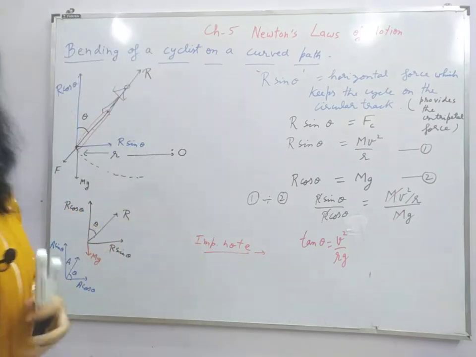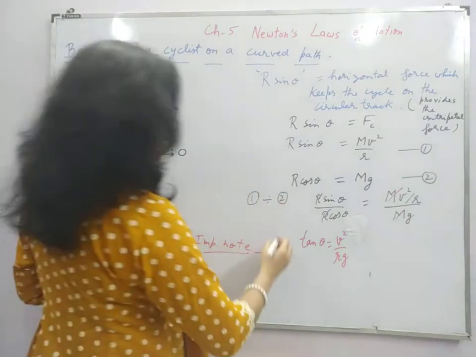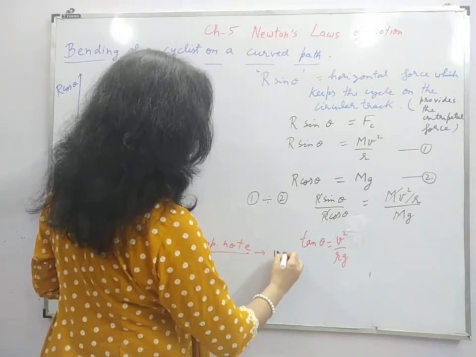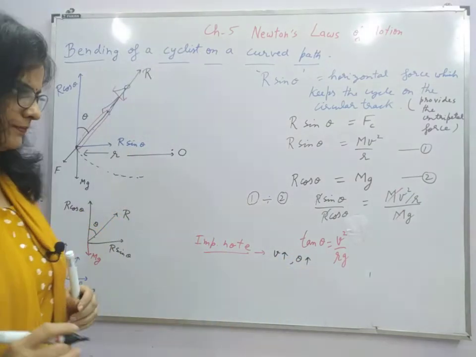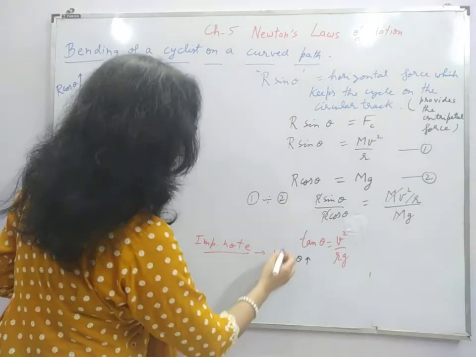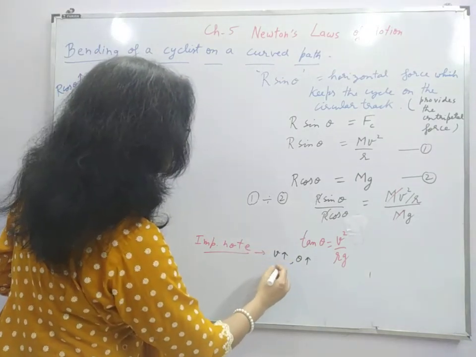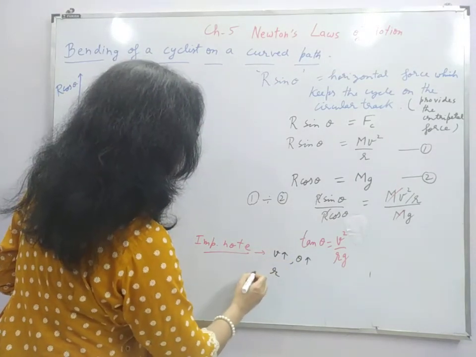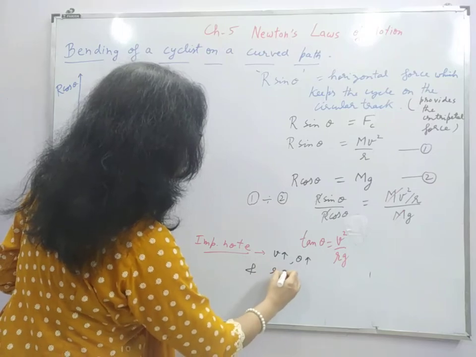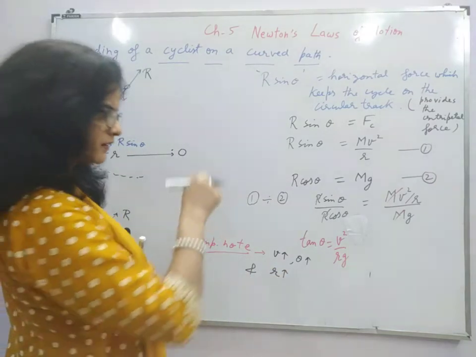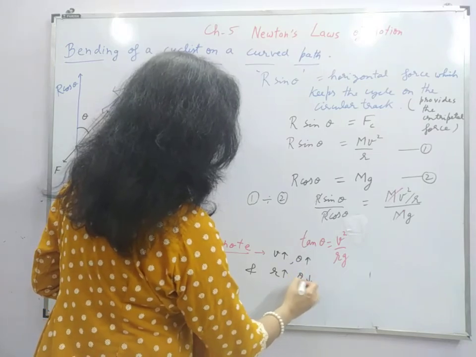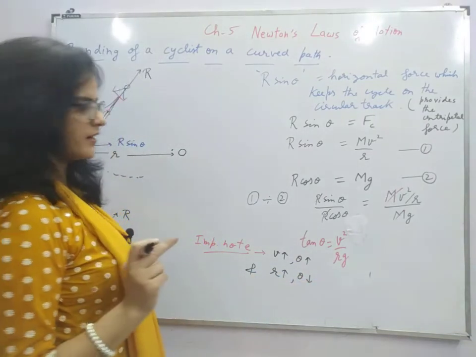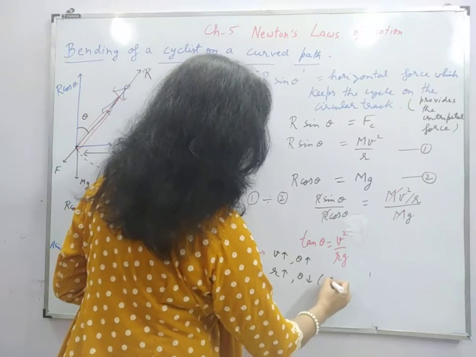What is that? First thing is, if R is more, that means if the radius of the circular path is more, then theta is less, that means less bending is required for more radius.